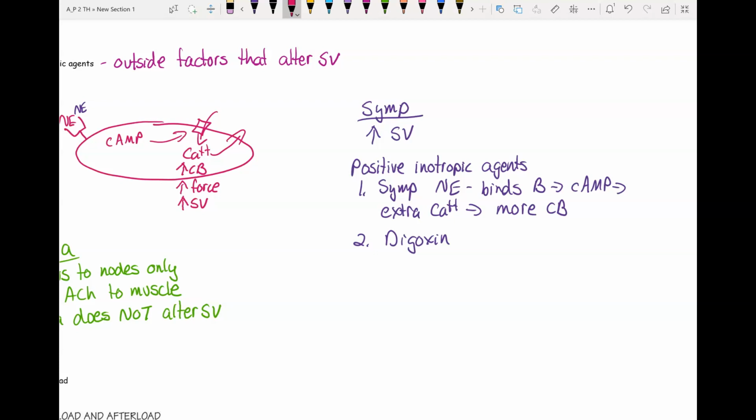But if you have digoxin here, the digoxin blocks the exit. It traps the calcium inside. Remember, it's the Hotel California. So then you get a buildup of calcium. And then this buildup of calcium allows you to have more cross bridges.